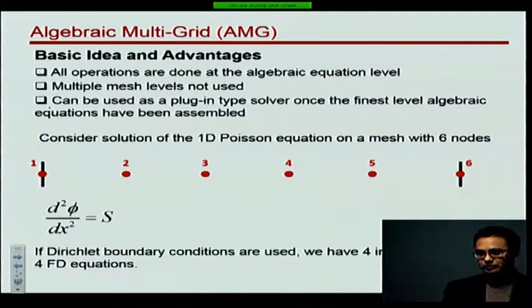Somehow from the fine mesh equations, which I start with 6 equations, I have to derive 3 equations that essentially will represent my coarse mesh equations. That's the idea: that I'll have 2 sets of equations, 6 in one case, 3 in the other case, and I will do the exchange of information between those 2 sets.